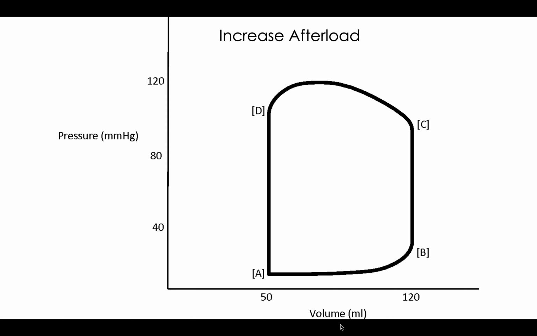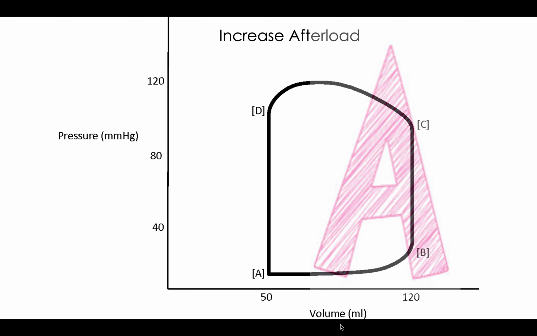Next, we have increased afterload, and like I said for the last one, we're just going to draw the letter. So here's an A. If you draw this A right here, we can figure out what's going to change. Your stroke volume's definitely gone down. You have an increase in that aortic pressure, so that y-axis is going to go from maybe 100 to 130.